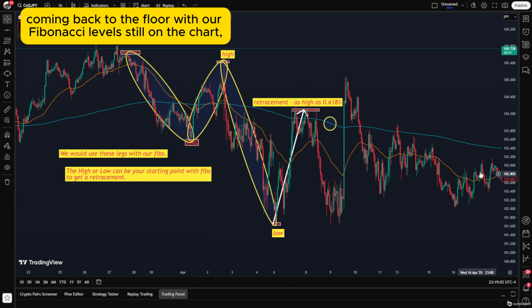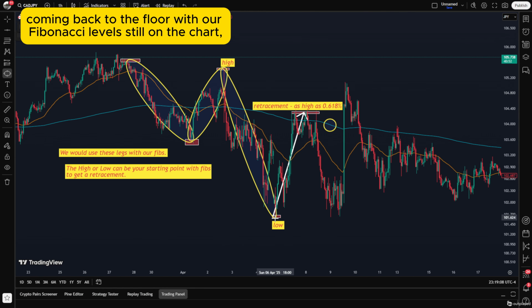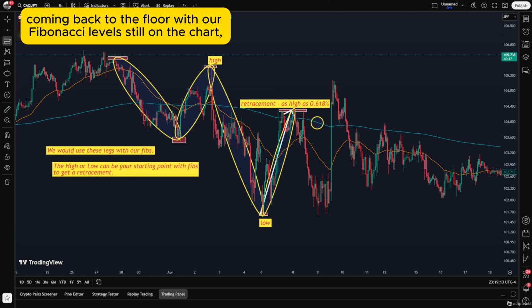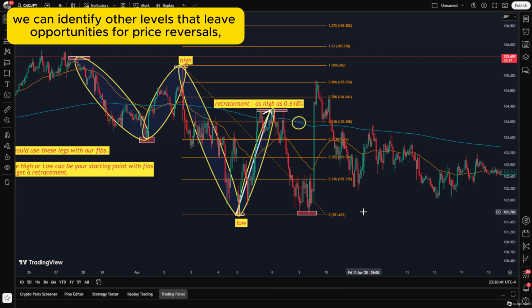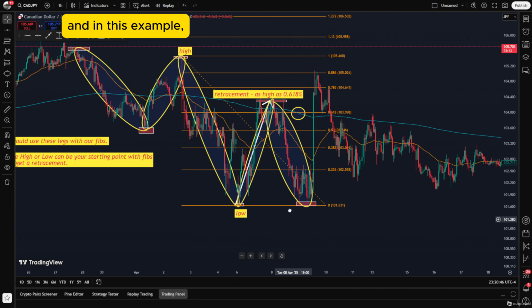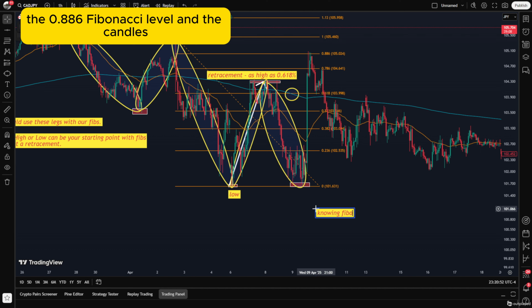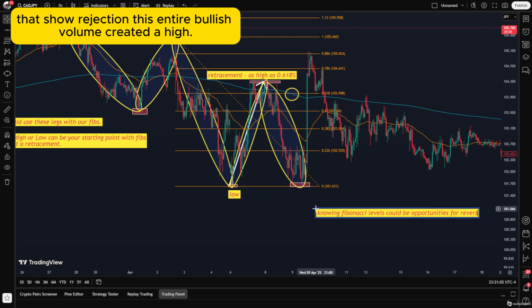Coming back to the floor, with our Fibonacci levels still on the chart, we can identify other levels that leave opportunities for price reversals. And in this example, the 0.886 Fibonacci level and the candles that show rejection, this entire bullish volume created a high.